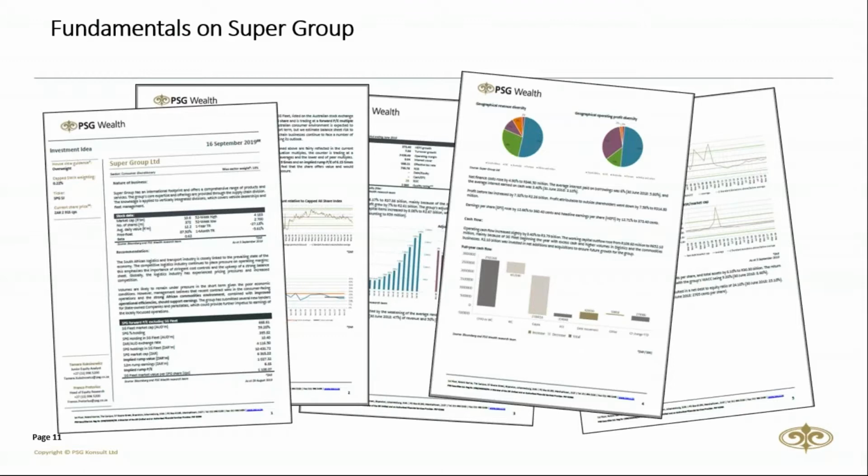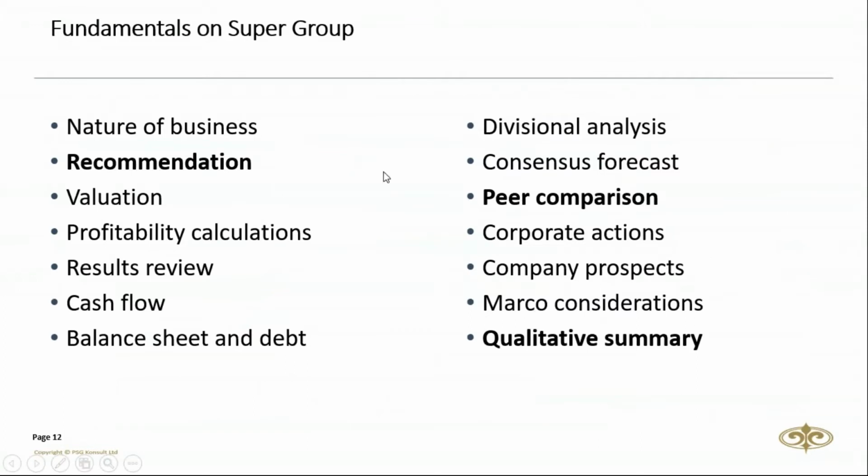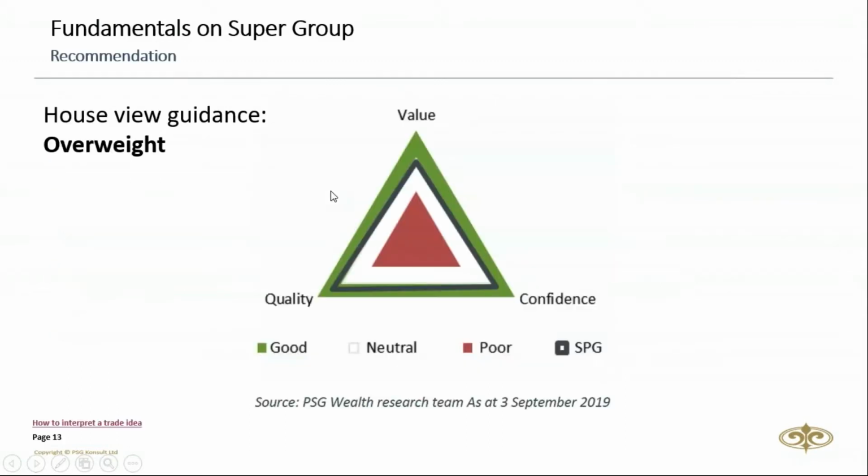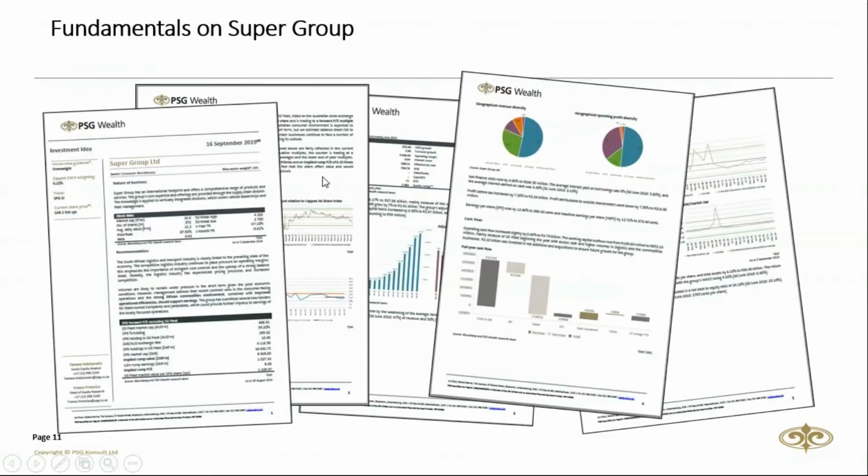What I like about this, using Super Group for example, is there were 14 different sections that they cover, and I want to highlight the recommendation, the peer comparison, and in this example, the qualitative summary, which I find very interesting. On Super Group, if I go back, you'll see in the financials two little graphs hidden away here.